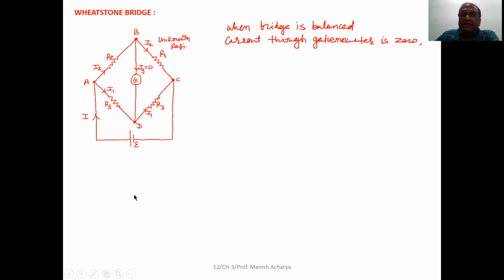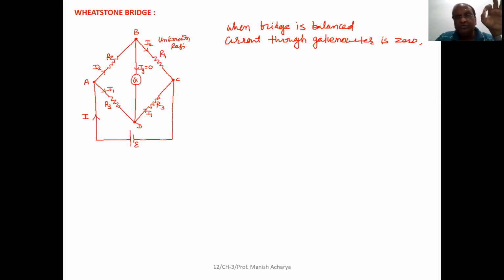Now here we have to adjust the values of these resistances R1, R2 and R3 such that the current in this particular branch B to D, that is 0. It implies that galvanometer shows you 0 deflection.